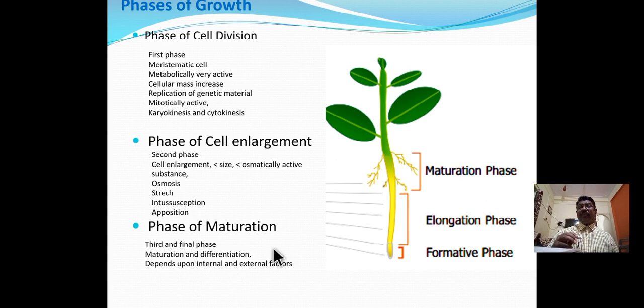The cells get differentiated to form various tissues of a plant body like parenchyma, sclerenchyma, xylem, and phloem. The differentiation and maturation of cells and formation of tissues depend upon internal as well as external factors like nutritional, hormonal, and genetic factors.